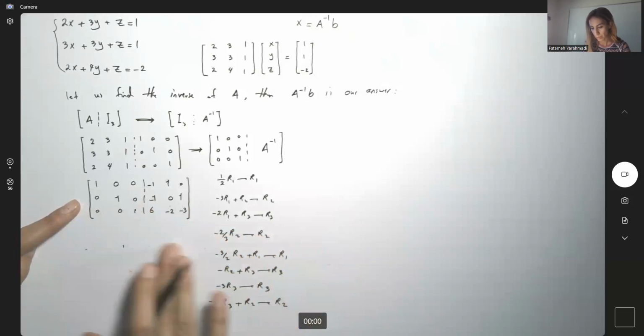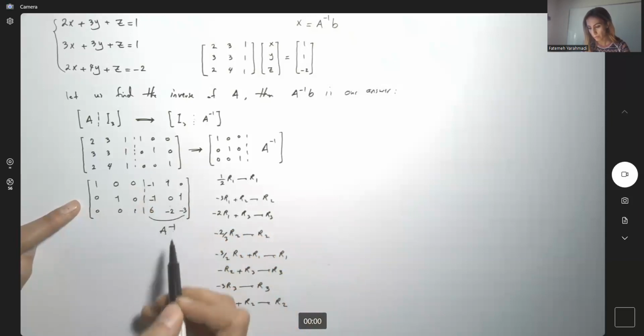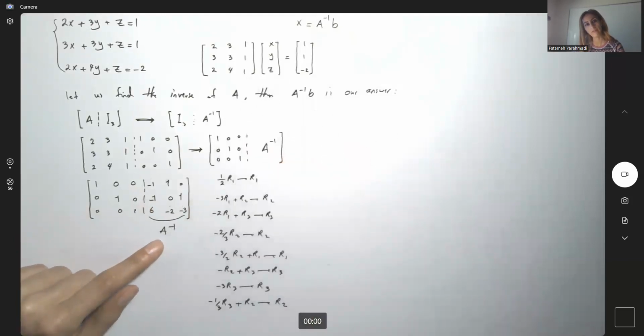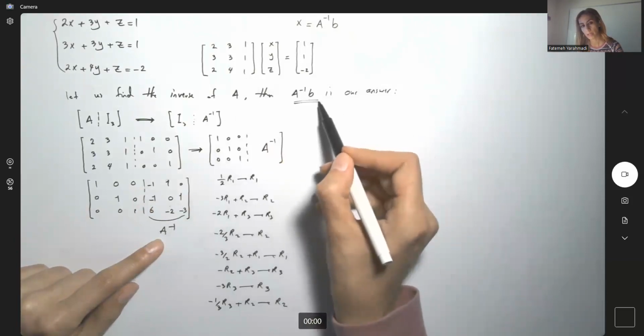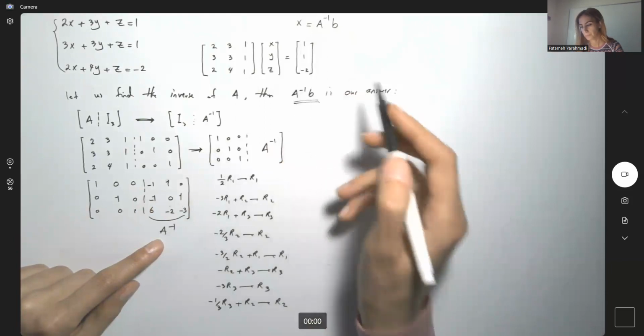So it seems like we found the inverse of our matrix. Now that you found the inverse of the matrix, all you need to do is multiply that by the constant column.